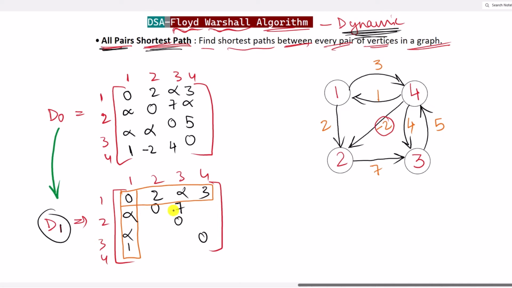Again from 2 to 4, you can see we had the distance as infinite. Now we're gonna take the route via the vertex 1. From 2 to 1 there is no direct connection. From 1 to 4 we computed no improvement, so that means we're going to have the infinite. So we're going to repeat the same process.